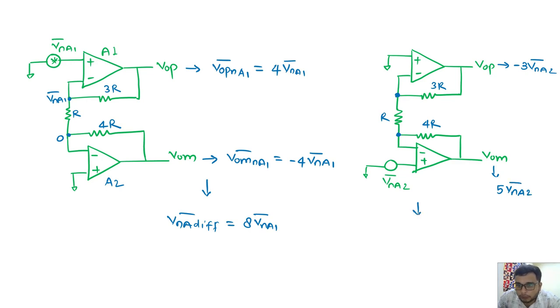So differentially, the Vn of A2 is minus 8 Vn of A2.